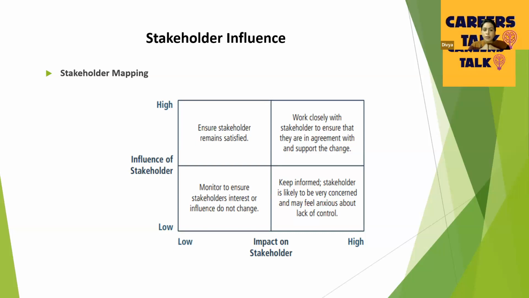As a BA, as soon as you first identify your stakeholders, it's very important to make such a matrix and find which grid each one falls into, to make sure that you're communicating with them based on this matrix.